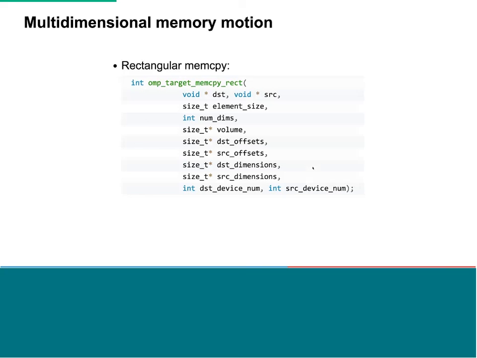The main benefit is, say, you're running a problem that needs to transfer a subvolume from a matrix that is non-contiguous but is itself logically rectangular. That can be expressed in a single call here and allows some devices to take advantage of multidimensional direct memory access engines and similar things to provide much better transfer rates than are possible by doing it with multiple memcopies.